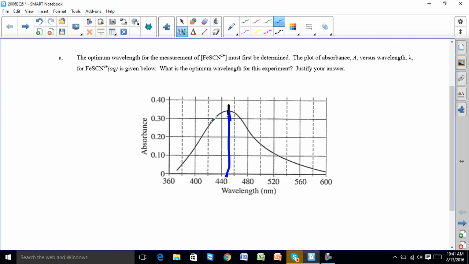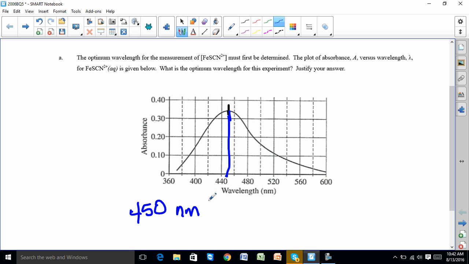You could do it here or here. It's just that if you did it at like 600 nanometers, your graph would have a max value of like, let's say, 0.01, and then when you cut that in half and cut it in half, you wouldn't be able to see it. And so the answer to this question is 450 nanometers.